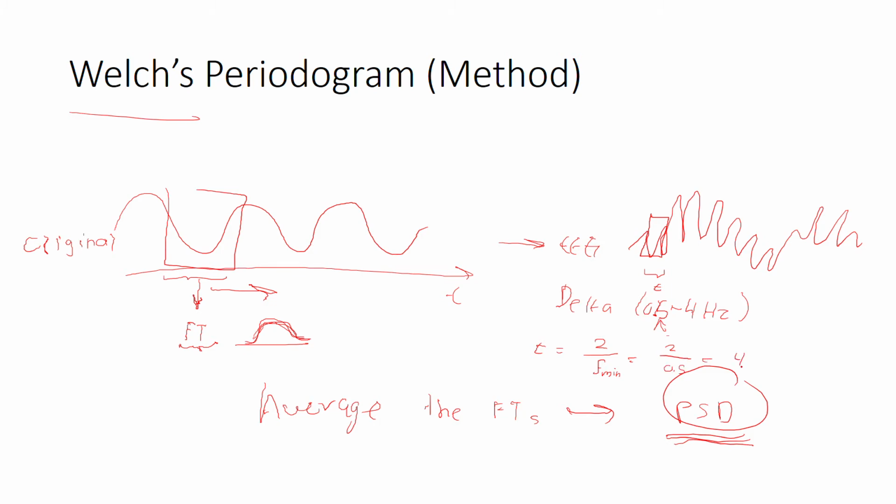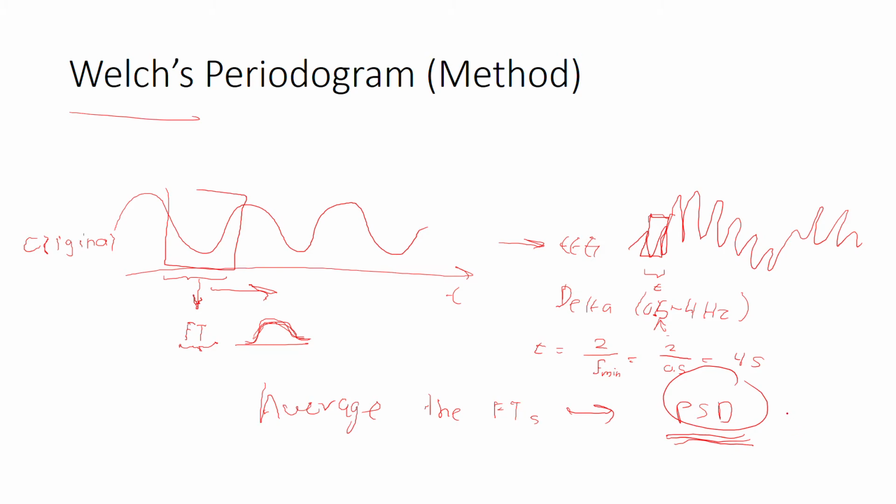It will give you 4 seconds. So the duration of the window will be 4 seconds. This window slides over time, averaging the Fourier transform of each segment. Okay, so this is the method for determining the power spectral density.